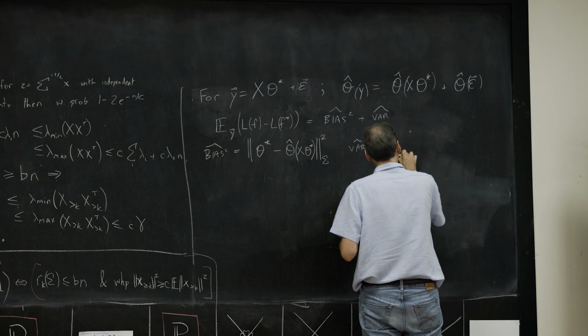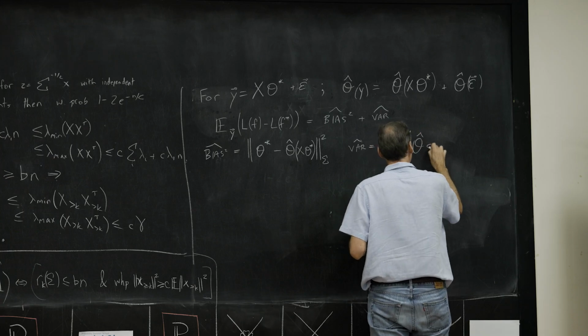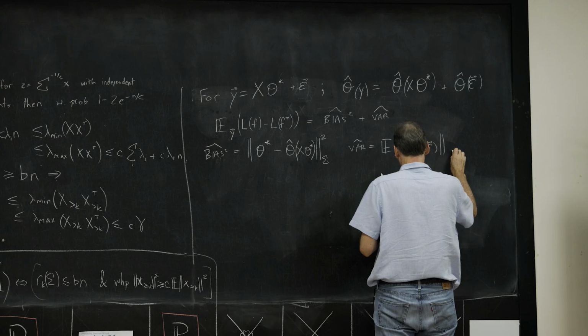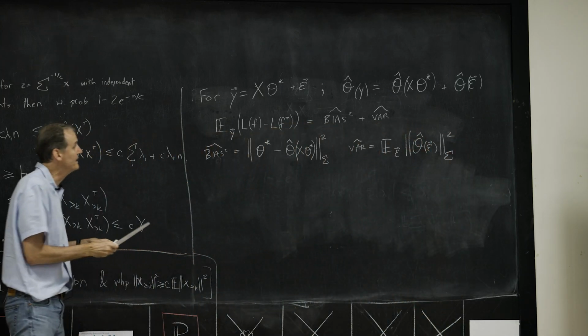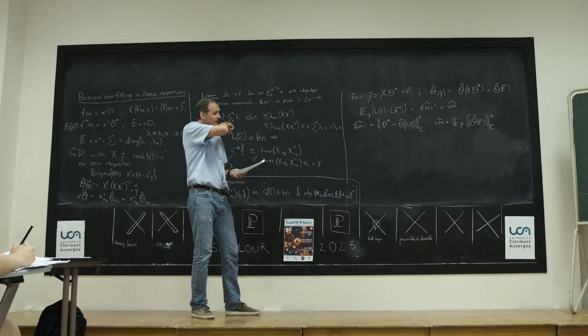Think of that as the expectation over the noise vector of theta hat of this thing. Again, we have a Sigma norm. So these are the two pieces that appear in this case, just using linearity of our minimum norm estimate.